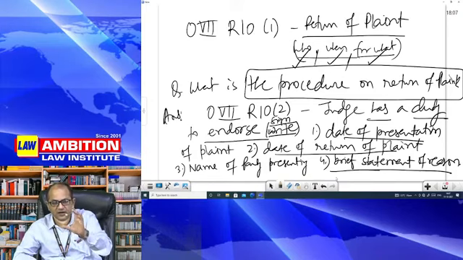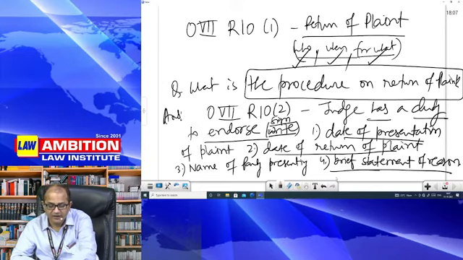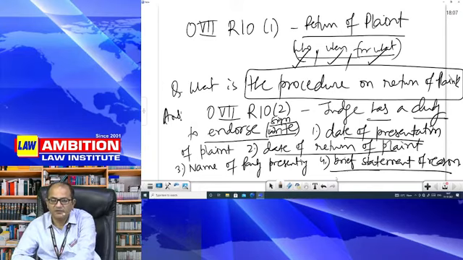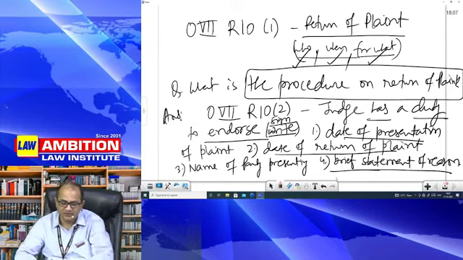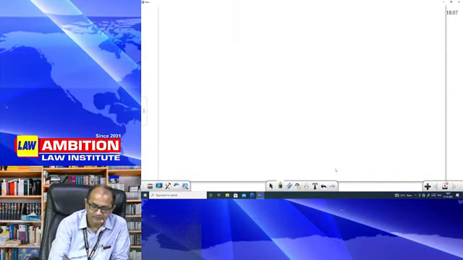So now whether he will get benefit of those 5 days or not, the answer is yes. So when we calculate limitation, we will see the date of presentation and date of return, not the date of order of return of the plaint. So you may note down this fact very importantly.